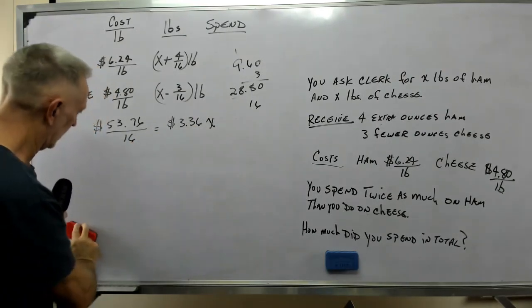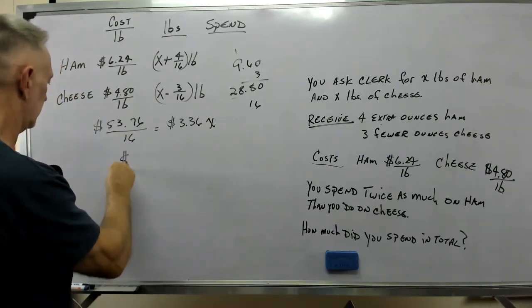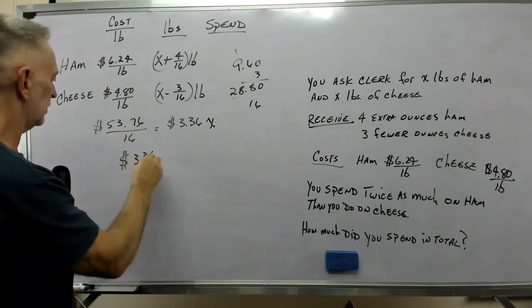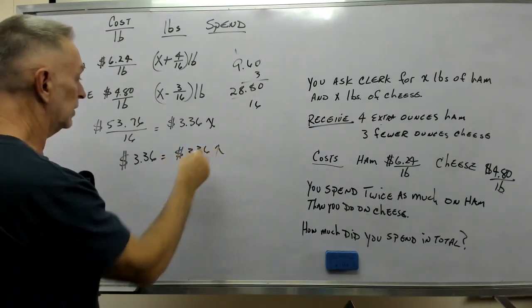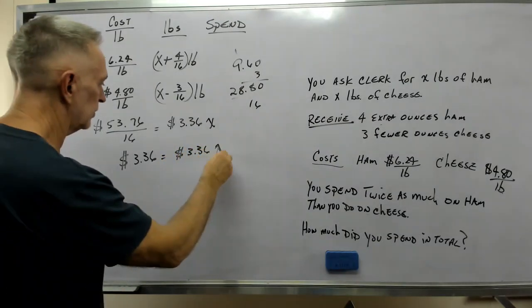We know what that means. All right, so we end up with 3.36 equals 3.36X, and X, remember, was in pounds.